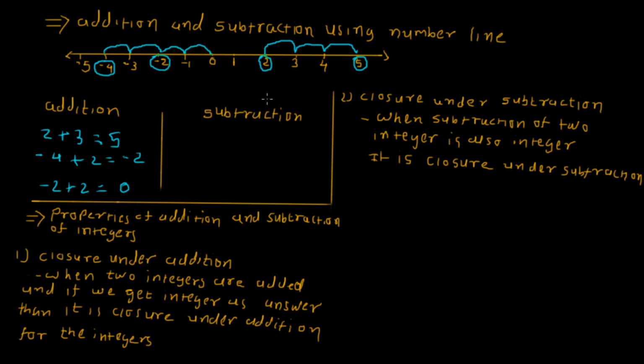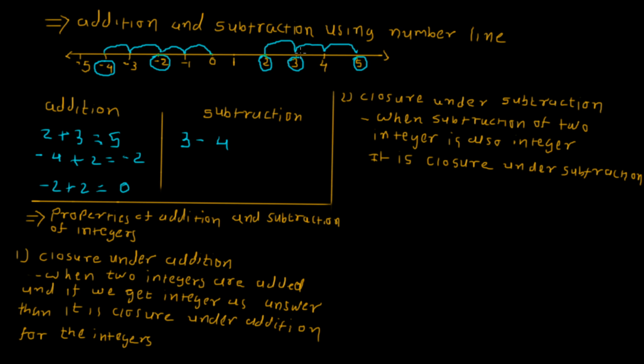Okay guys, let's take an example of 3 minus 4. We have 3 over here and we are doing subtraction. So guys, as we discussed, in subtraction we have to move towards the left side from the number.